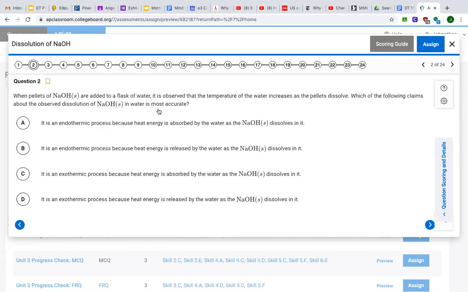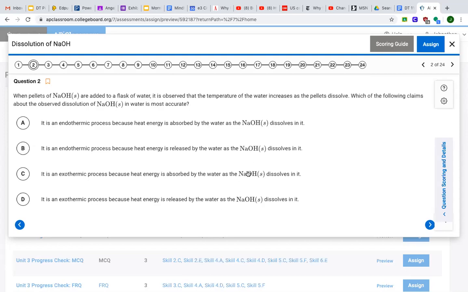All right, so I want to hear from Symphony. Symphony, what's the answer? I think the answer is D. D, by the water. Is the water releasing heat energy? No, not the water. The water is not releasing the heat energy. The sodium hydroxide dissolution is releasing the heat energy.